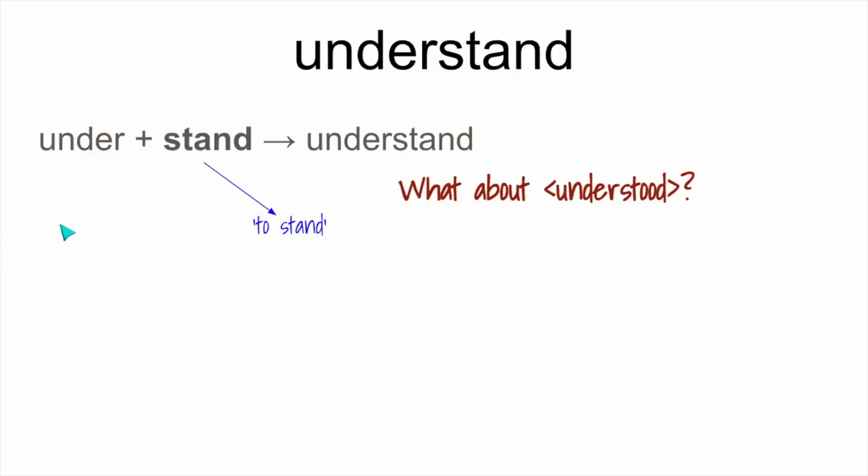So then we get to a place with this word, understand, and you might be wondering, what about understood? So we have many examples, and I would challenge you to come up with some that you can think of, where what is happening here is a vowel shift. We go from stand to stood to show past tense.